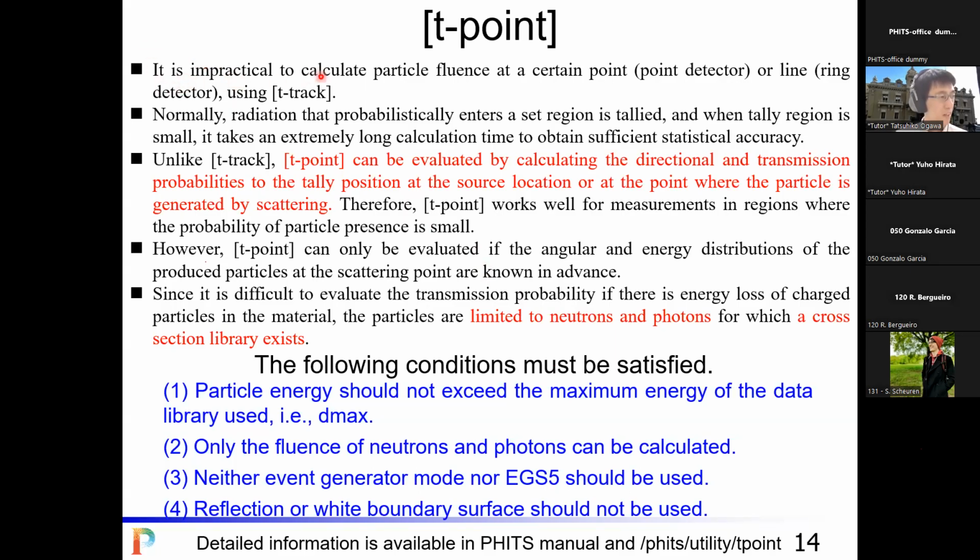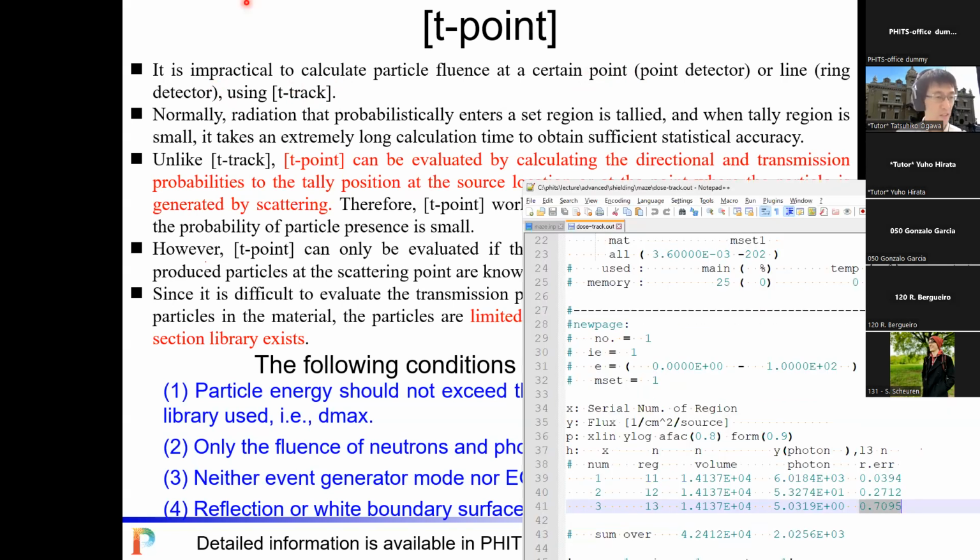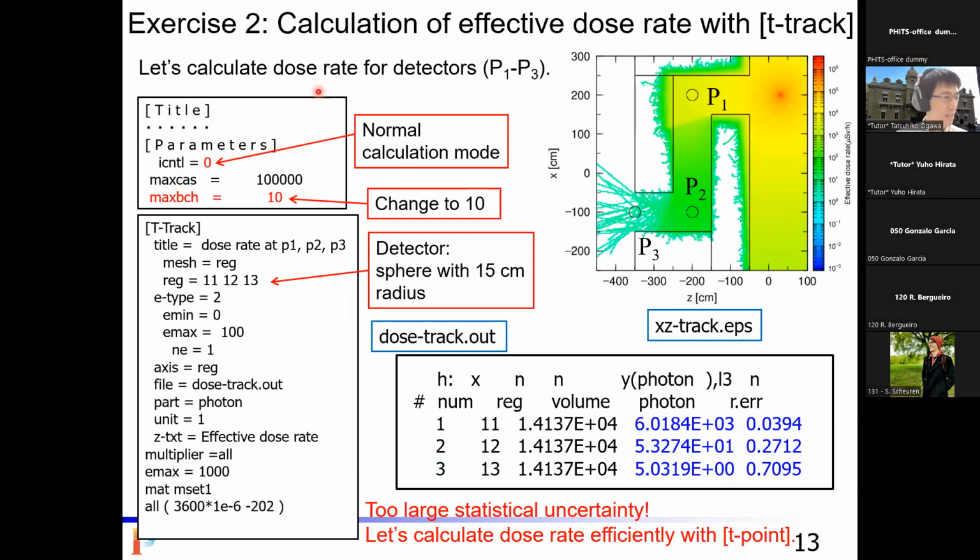It is impractical to calculate particle full length at a certain point using ttrack. What we were doing was to calculate the dose in P1, P2, and P3. As we can clearly see, the particles are very sparse at P3, and this is what caused this bad statistical accuracy.